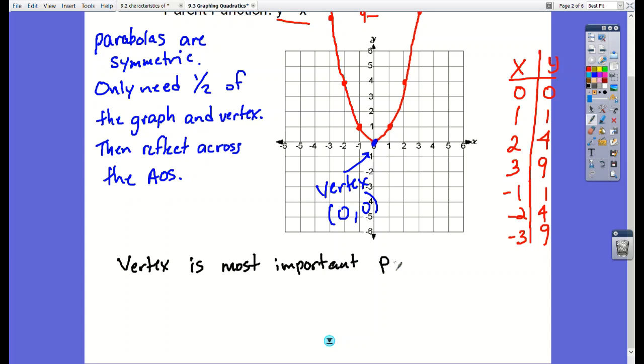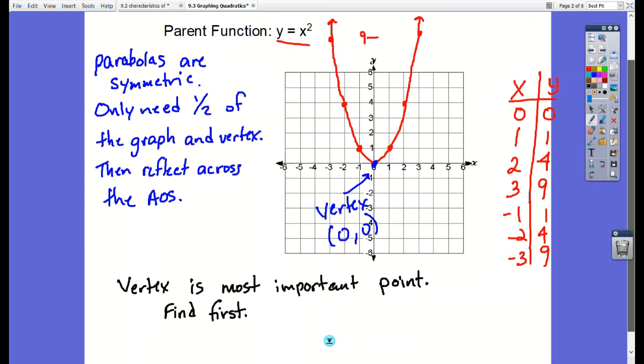Regardless of what's going on, this is always your first step. You always have to find your vertex first. We now know how to do that: we use our axis of symmetry equation, and then we plug that back into the formula. So the vertex is the most important point. You need to find this first.